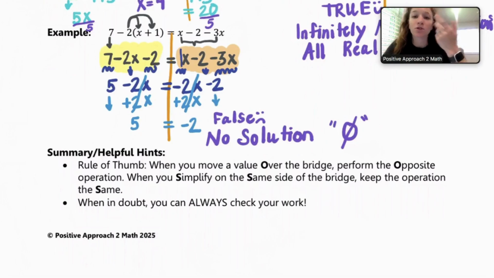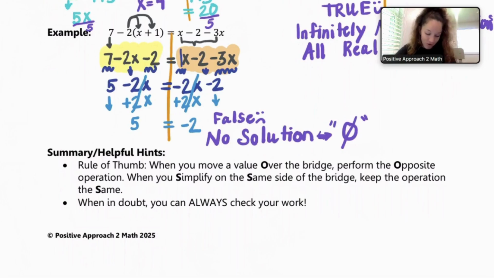X can be any number such that it's in the empty set. So that empty set is like a 0 with a slash through it. That's the universal symbol for math to represent the empty set. And so sometimes kids just like to recognize that. However, you should recognize that these two things translate to the same thing, no solution.